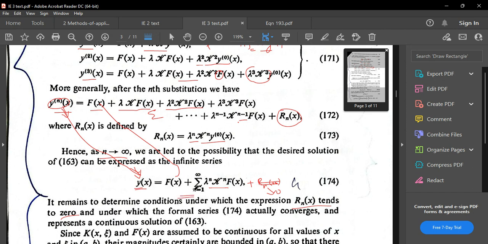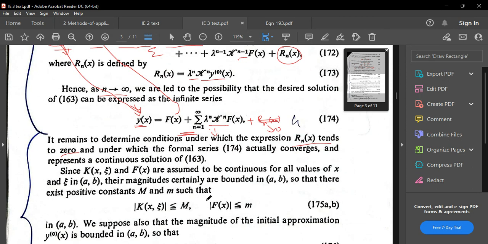So by introducing this form, we must assure that this infinite series must converge. Under what condition this infinite series must converge, that we will look at. And this kernel and capital F of x are assumed to be continuous for all values of x and psi in AB. We will assume that.